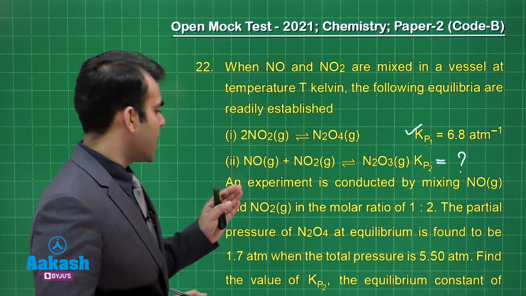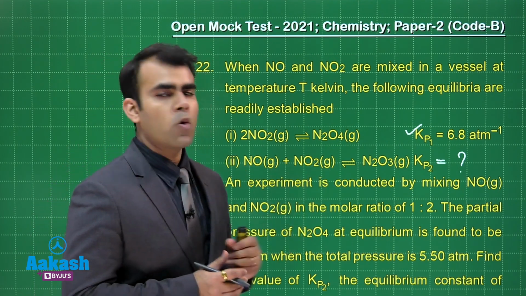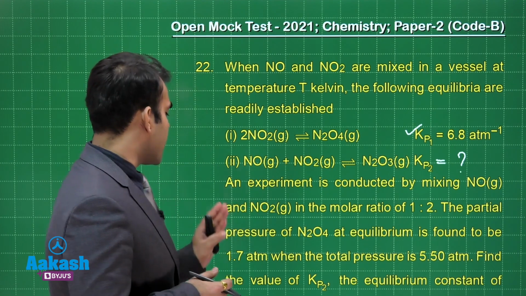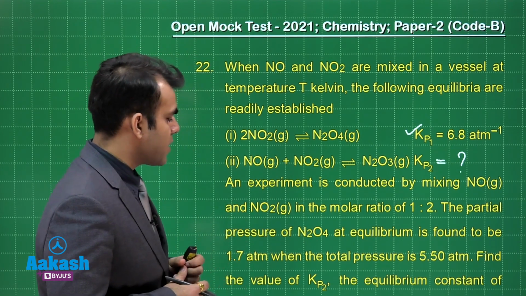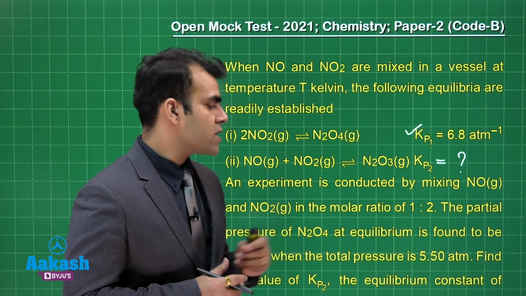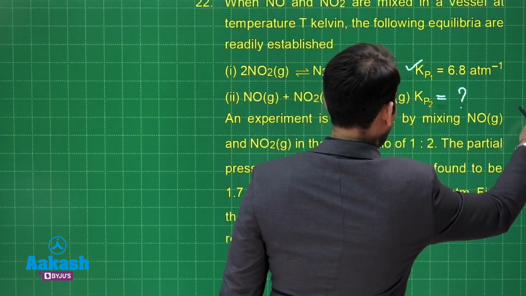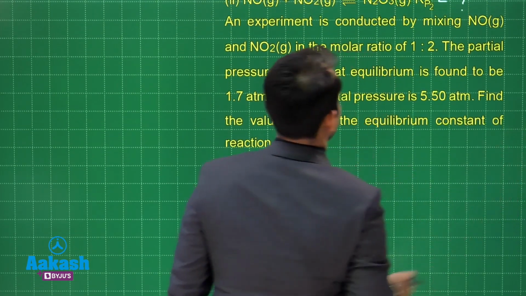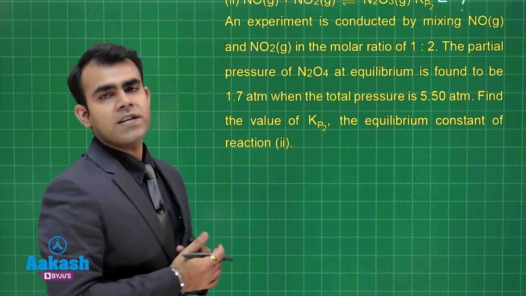Now after that, an experiment is conducted by mixing NO and NO2 in the molar ratio 1:2. The partial pressure of N2O4 at equilibrium is found to be 1.7 atm when the total pressure is 5.5 atm. Find the value of Kp2, the equilibrium constant for reaction 2.